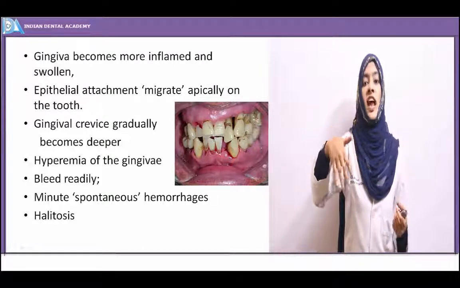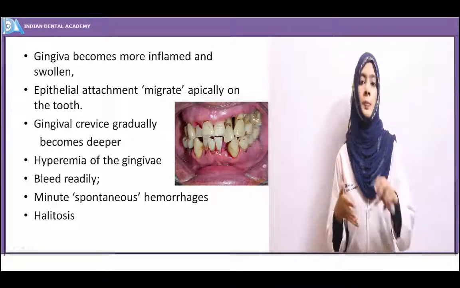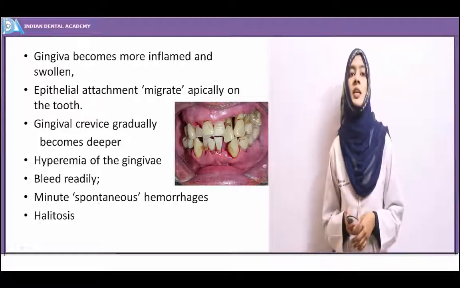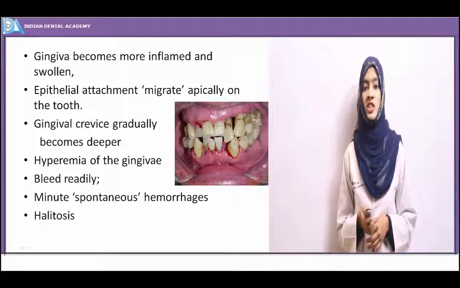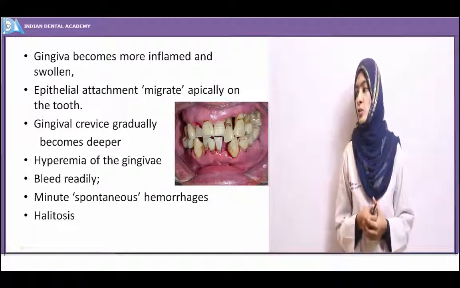There is loss of attachment from the root surface of the tooth, leading to pocket formation. Okay, the gingival crevice, normally just 1 mm, becomes deeper because of the loss of attachment, and ultimately it leads to pocket formation.